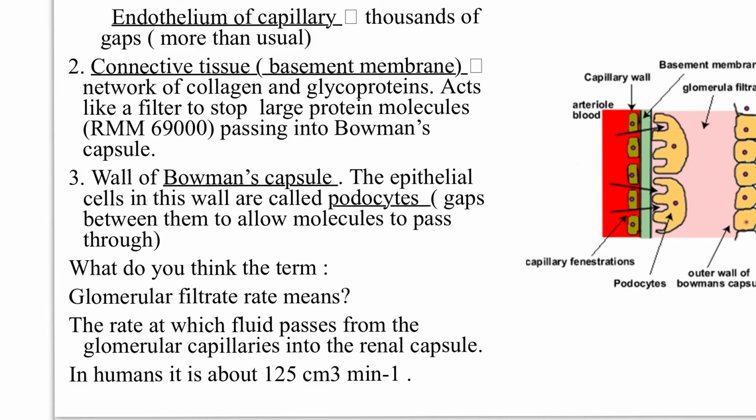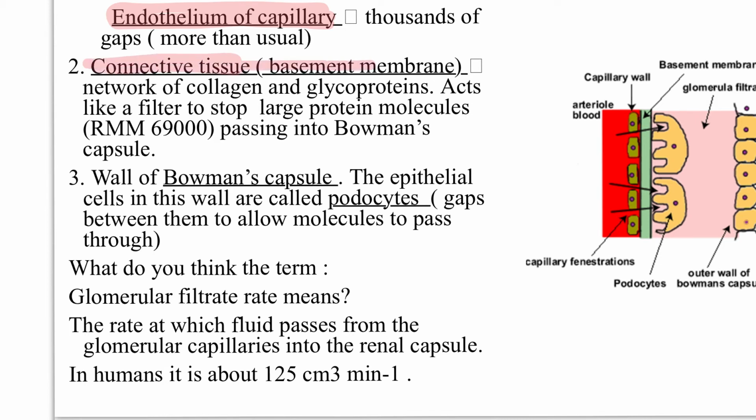So let's just recap those key ideas that we've discussed. What are the 3 layers of filtration between the glomerulus and the Bowman's capsule? The first is the endothelium of the capillary, which has more gaps than usual. We talked about those fenestrations, those pores between the cells. The second is the connective tissue.